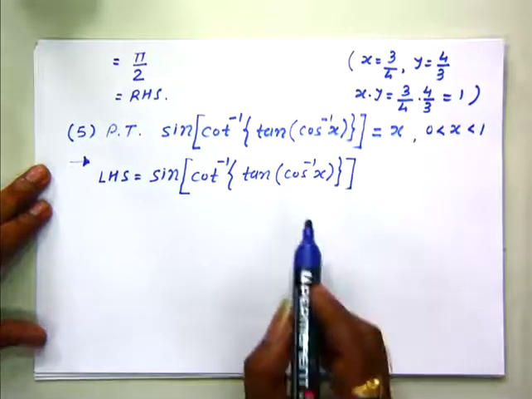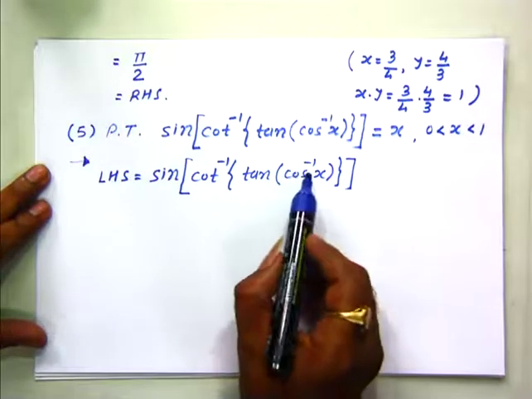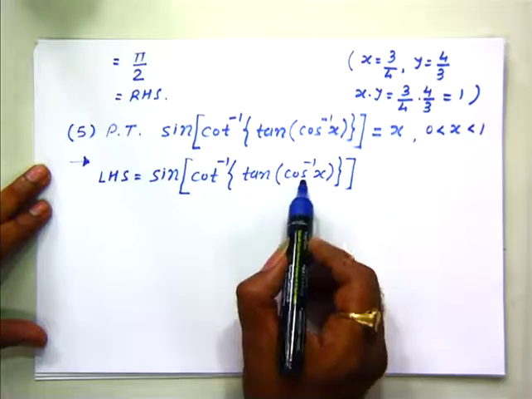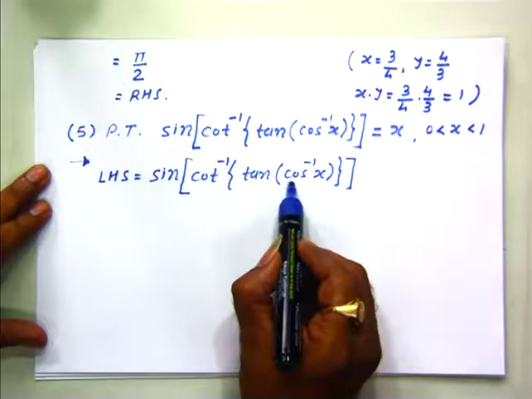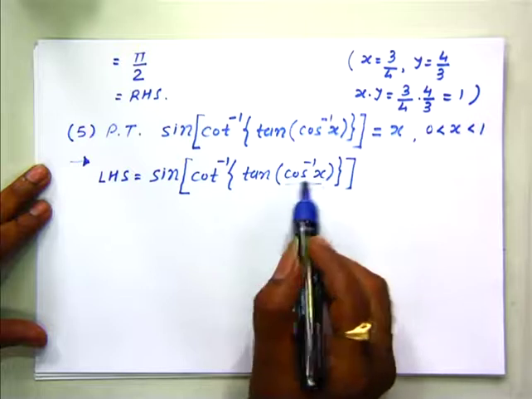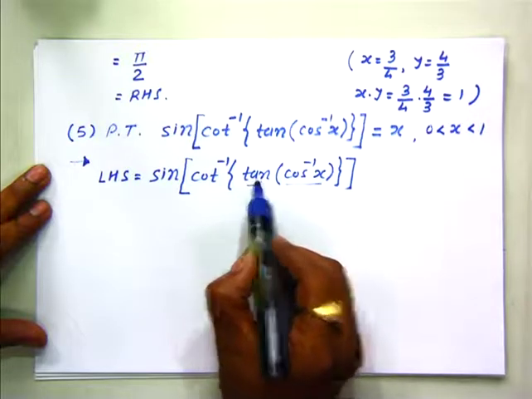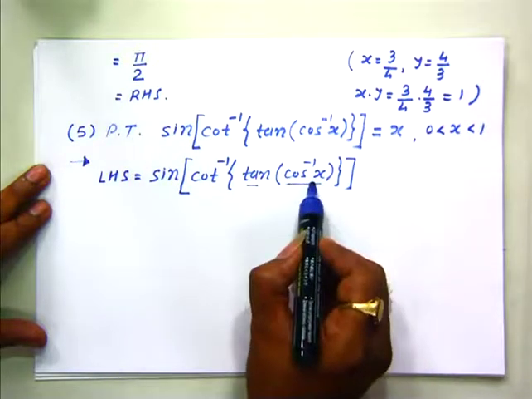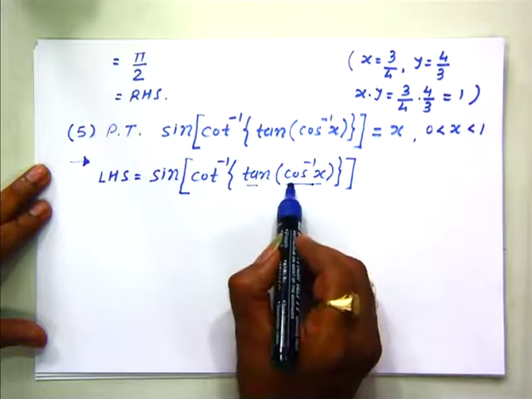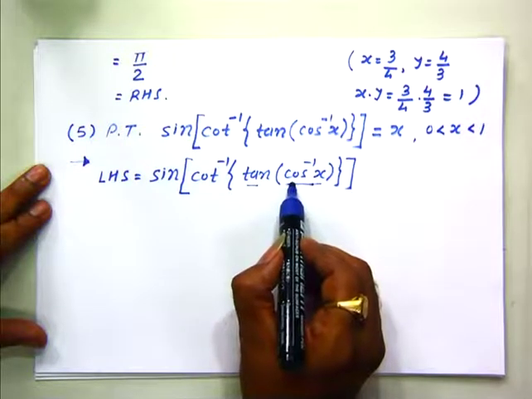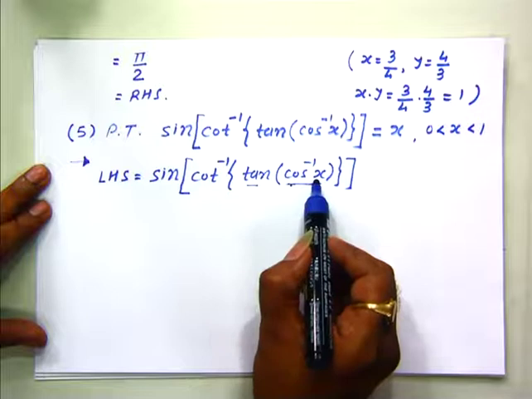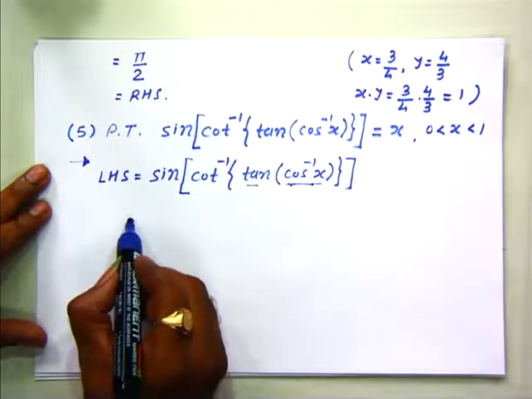Okay, so we will start simplifying from this inner side. Okay, from this, here the function is tan and here the function is cos inverse. So to remove this function, we have to convert this cos inverse in tan inverse form.